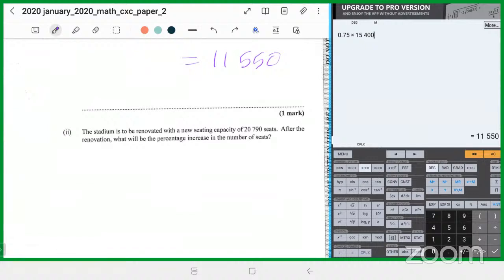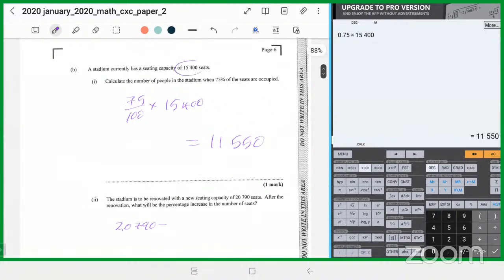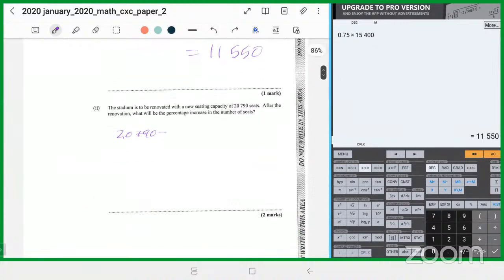The percentage increase is the increase over the original amount multiplied by 100. So what is the increase? It is 20,790 minus the original amount, which was 15,400.